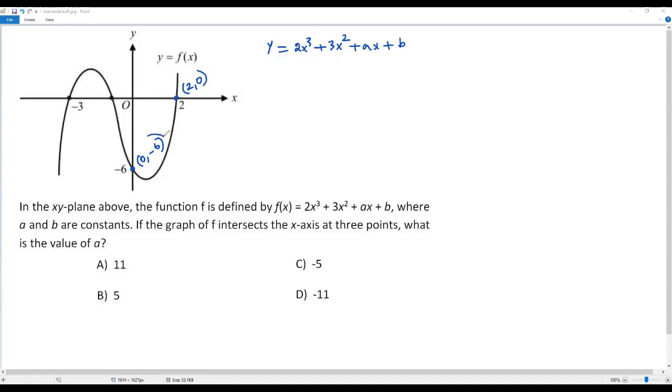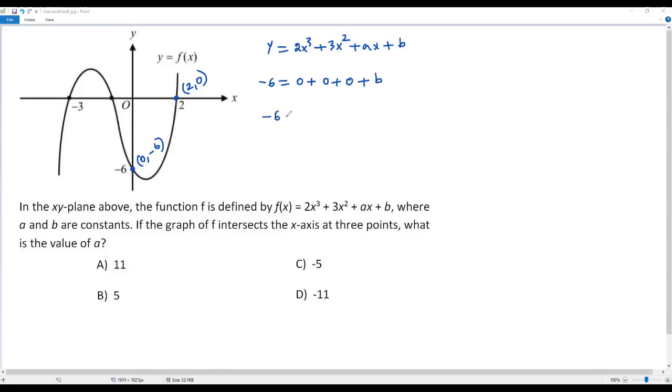Okay, now let me plug the y-intercept, the point (0, -6), into the equation. I'm going to plug in the y coordinate -6 for y. And when I plug in the x coordinate 0 for x, 0 to the third power is 0, 0 times 2 is 0. So this one also becomes 0, and this one also becomes 0, plus b.